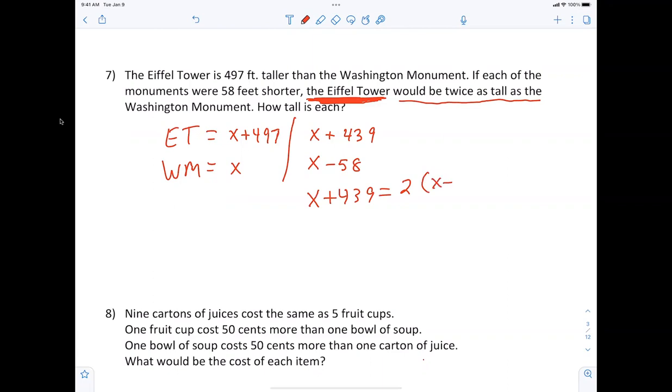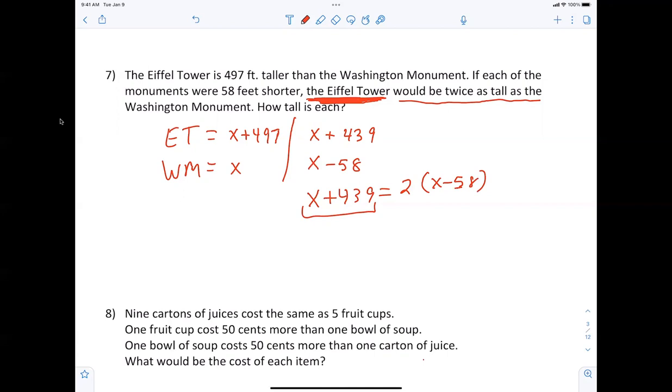Two times x minus 58. You with me? The Eiffel Tower is x plus 439 after I decrease it by 58 feet. Are you with me? All right, that was nice.